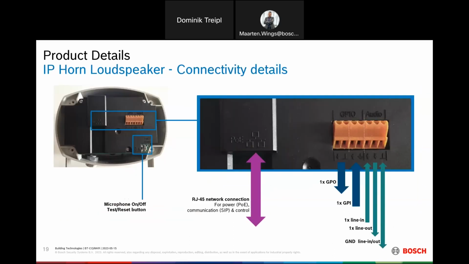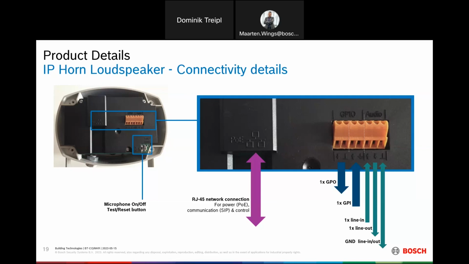Here you can see the back of a loudspeaker with the connectivity details. On the left-hand side is a PoE network port for power, communication, and control. And on the right-hand side, we have a block divided into two parts. The first part is the GPIO terminal with one GPO and one GPI.